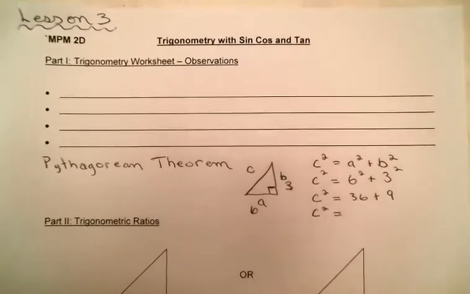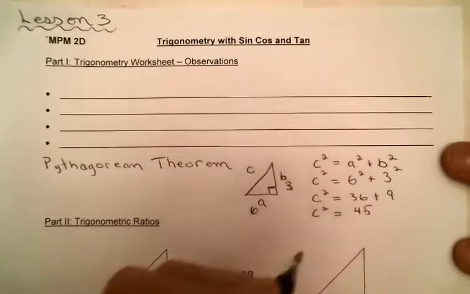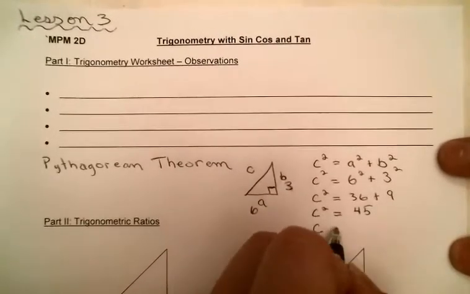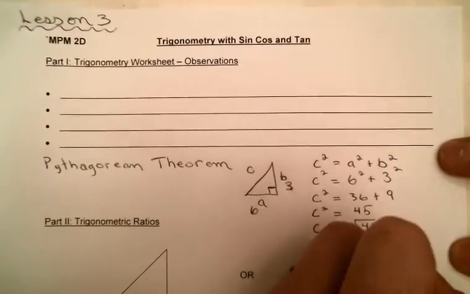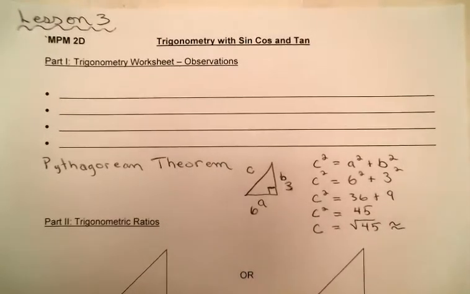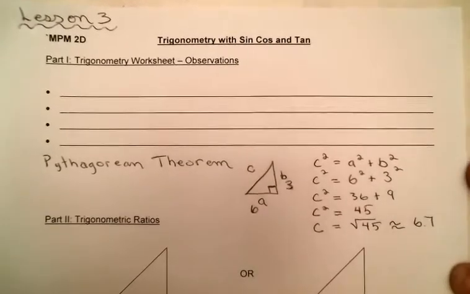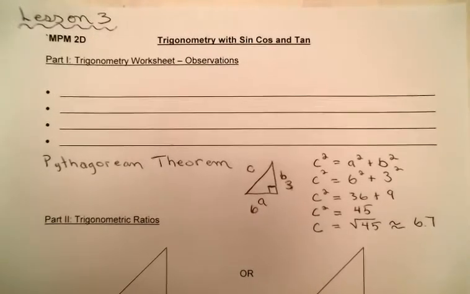So C squared is equal to 45. You'll square root both sides and end up with C equals root 45. Or you could say it's approximately equal to 6.7. So that's Pythagorean theorem, which is something we're going to use throughout trigonometry.